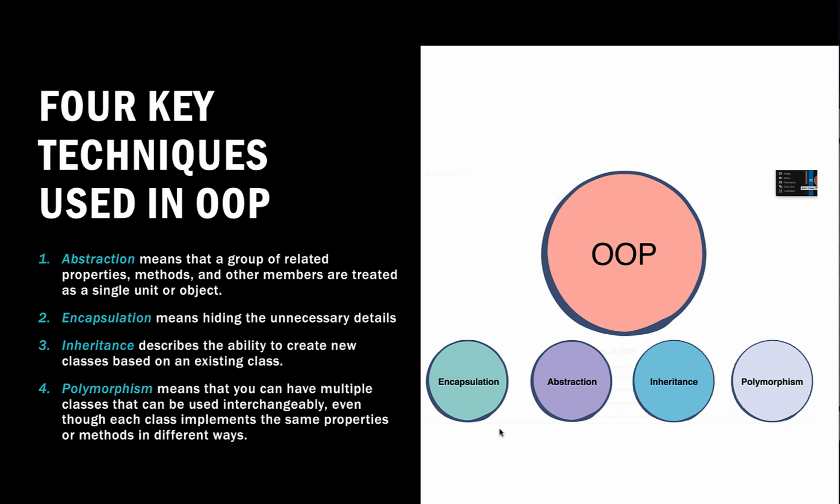So it basically describes the ability to create new classes based on an existing class. Then the last one there is polymorphism. Polymorphism basically means many methods can do the same task. It means that you can have multiple classes that can be used interchangeably, even though each class implements the same properties or methods in different ways.